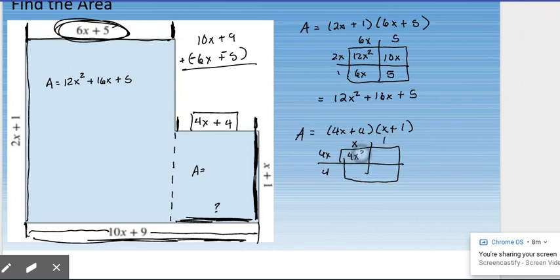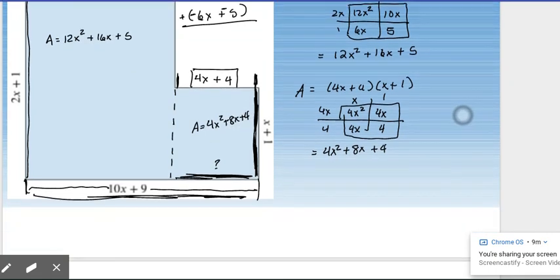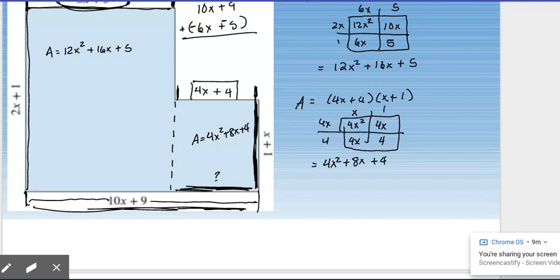I get 4x squared, 4x on the bottom, 4x and 4. So this one, I get an area of 4x squared plus 8x plus 4. And that's what this one is. Now, if I want to find the area of the whole thing, then I just need to add those two together.